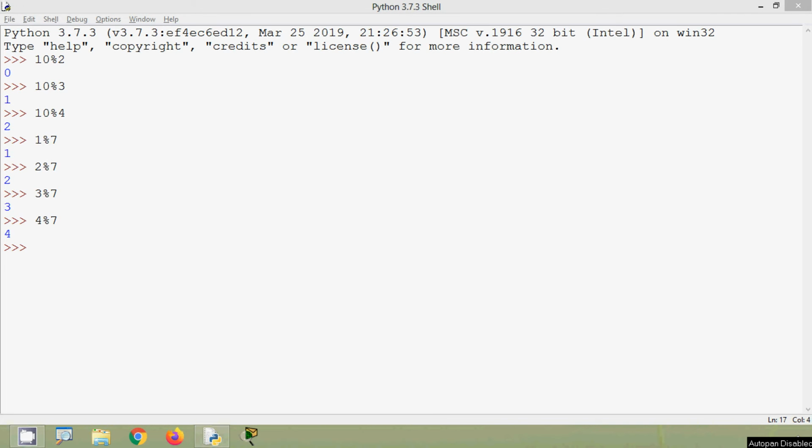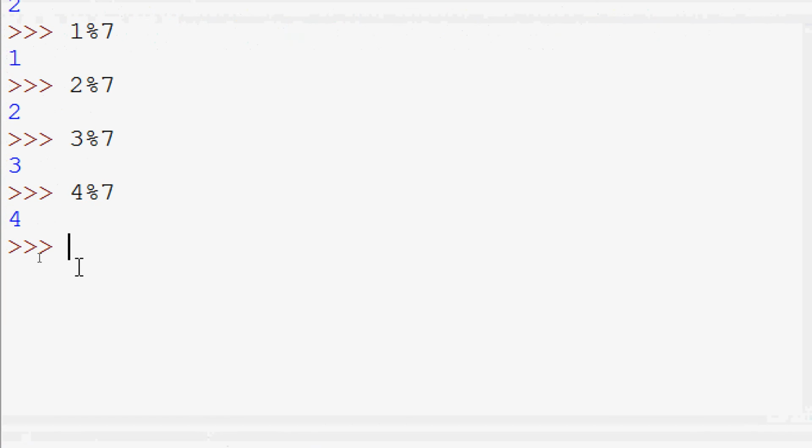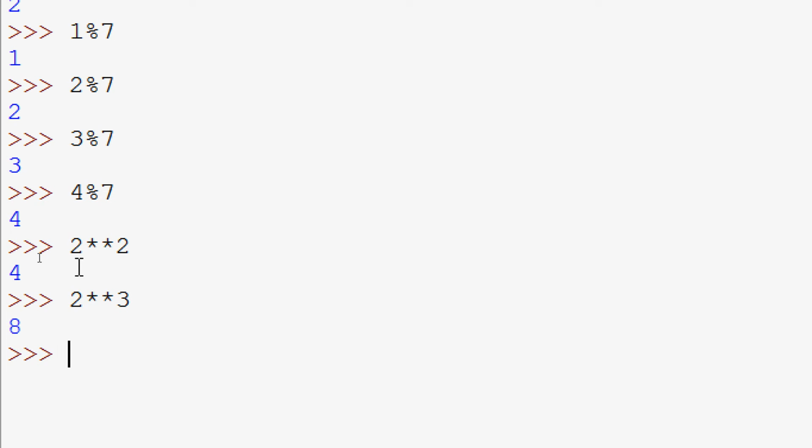Now we will go to the next arithmetic operator, that is exponent. Exponent means it gives the result to the power of. We will see some examples so that it will be more clear. 2 to the power of 2, we have to give 2 star star 2, it's 4. We will try 2 star star 3, that means 2 into 2 into 2, so it's 8.